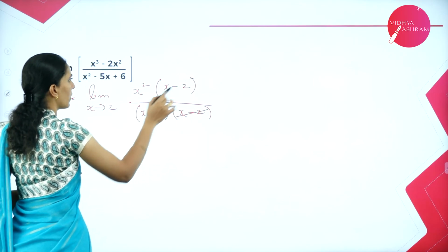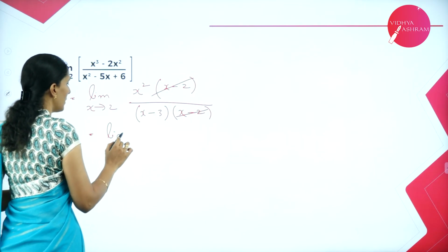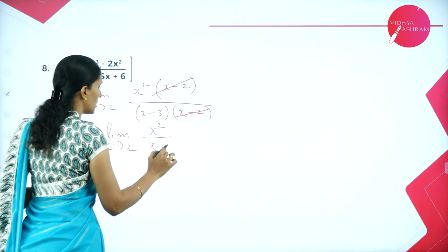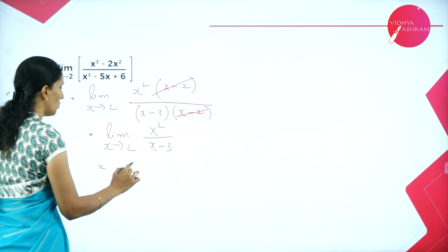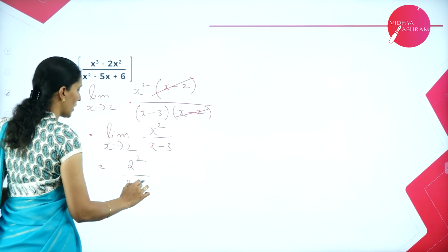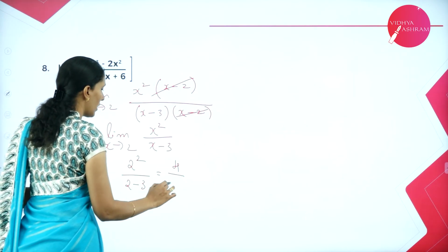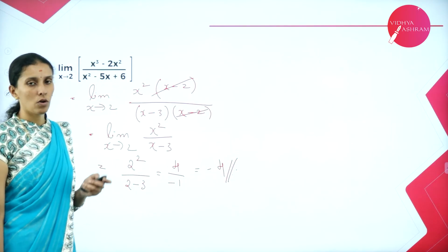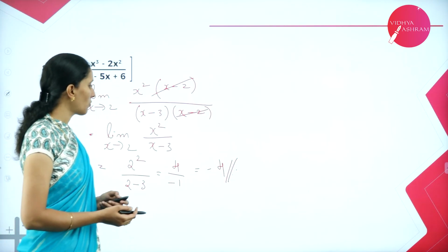So x minus 2 cancels. Limit as x tends to 2, the function is x square by x minus 3. Apply the limit as 2. So 2 square divided by 2 minus 3, which is 4 divided by minus 1, which is equal to minus 4. The limit of the function is minus 4.